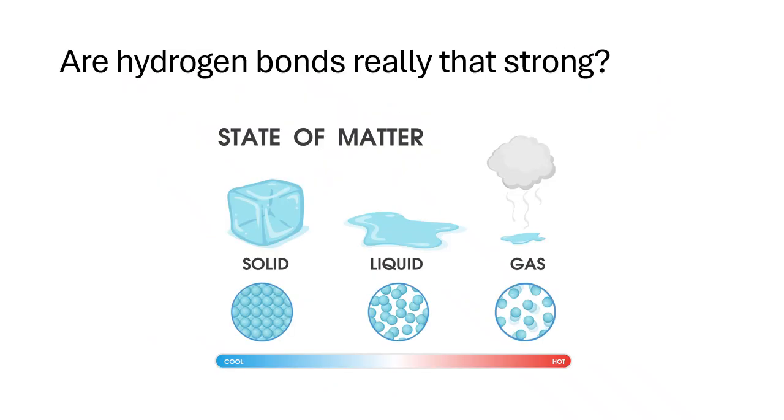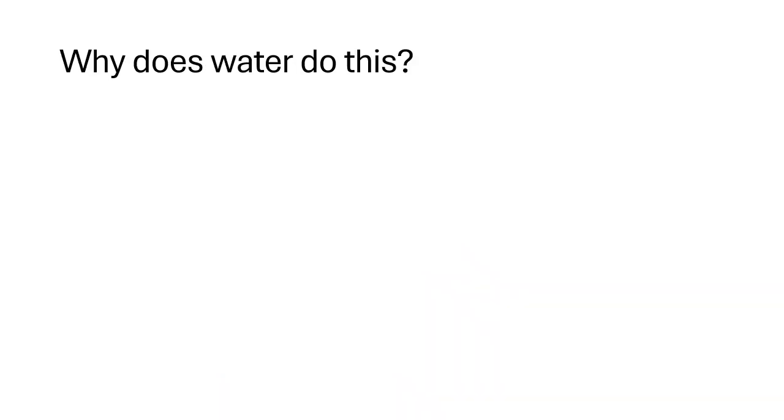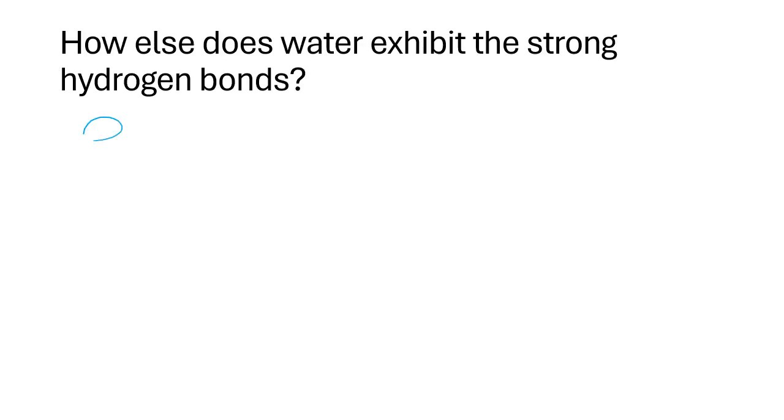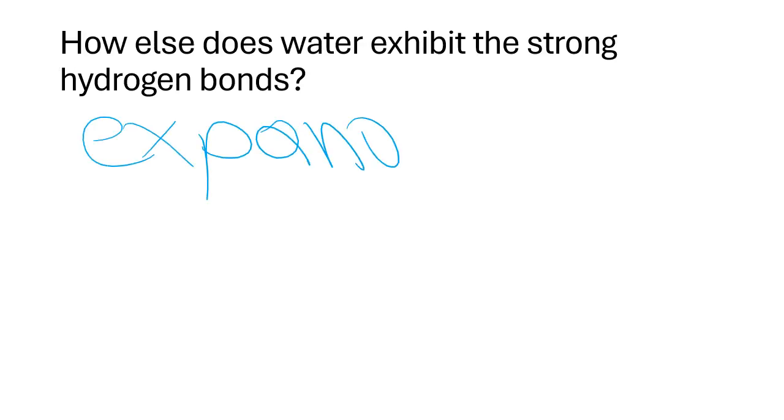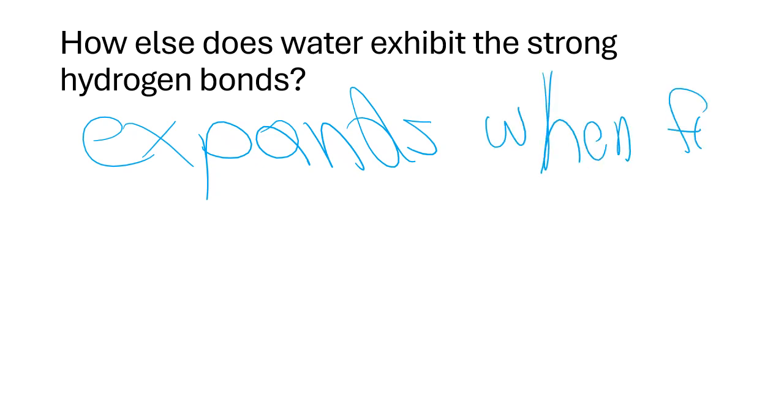So hydrogen bonds just sort of explain some major characteristics, especially of water. Water has a lot of characteristics that make it somewhat special, including that it expands when frozen.